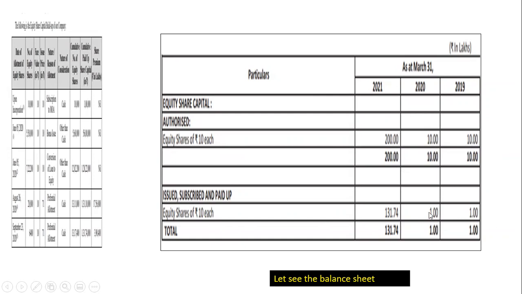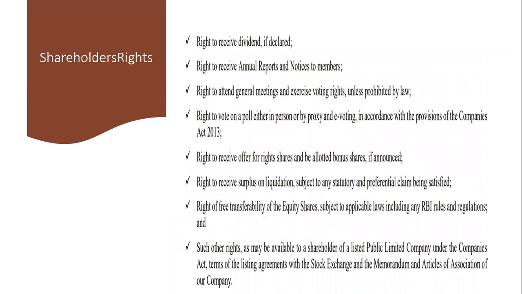We also saw how 1 lakh equity paid up capital increased to 131 lakh equity capital. So this is the sources side of the balance sheet, showing how the company increased the capital over a period of time by partly issuing the shares, converting the reserves into capital, converting the loans into capital, and also issuing the shares at a premium to the existing shareholders.